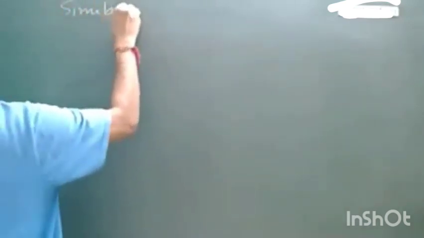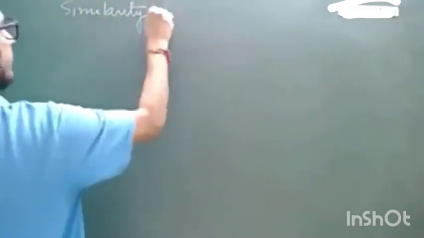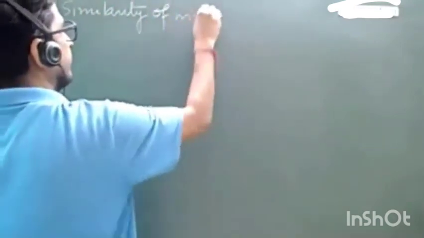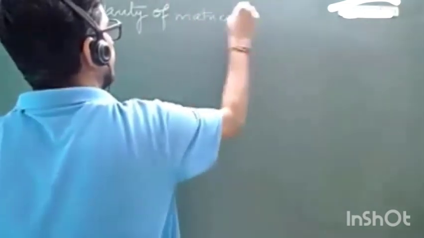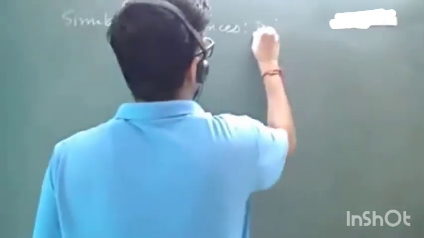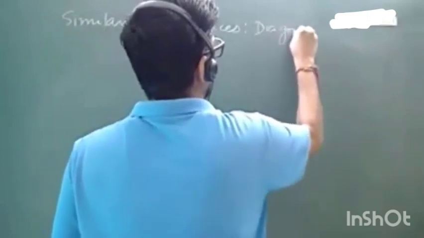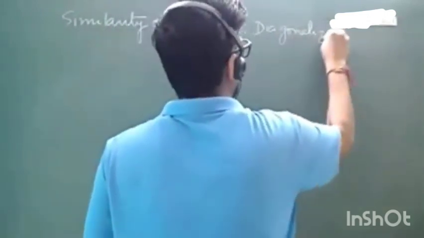This is a very important property of matrices, and it is known as similarity of matrices or diagonalization.